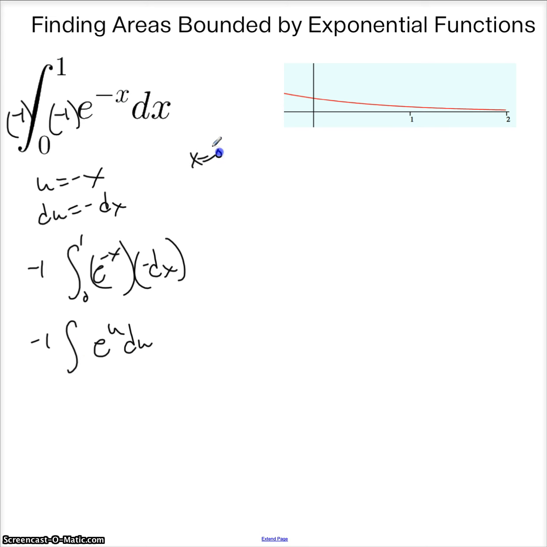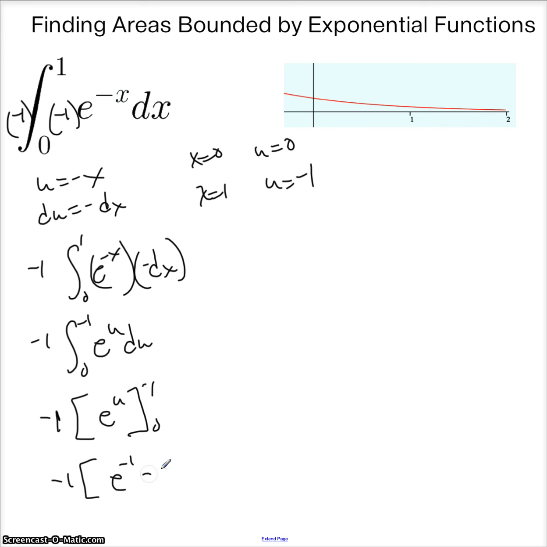Now when x is 0, u is 0. When x is 1, u is negative 1. So this becomes 0 to negative 1. Please don't let that mess you up. That's all right. So this is negative 1 times e to the u. I evaluate at 0 and negative 1. So this is negative 1 times e to the negative 1 minus e to the 0. So I'm going to distribute this negative sign through here.